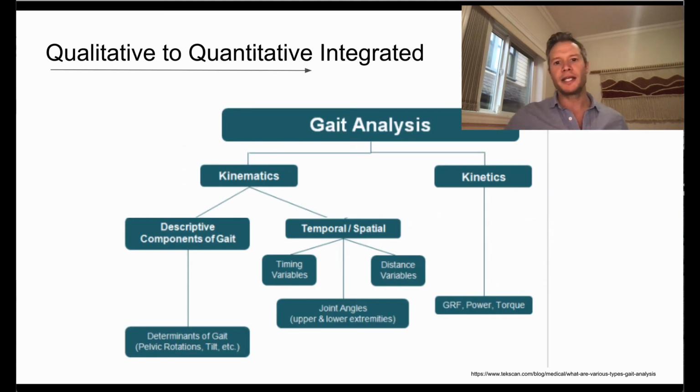Great. So to integrate the two, we can look at something, for example, like gait analysis or walking analysis. And really we can have a bit of a spectrum. And I'm going to call upon some wording that you might recall from biomechanics, and that's kinematics and kinetics. Okay. So we'll start with the more qualitative side of things. Kinematics is explaining movement, so any movement, without the use of forces.